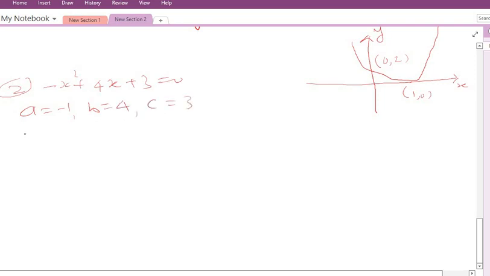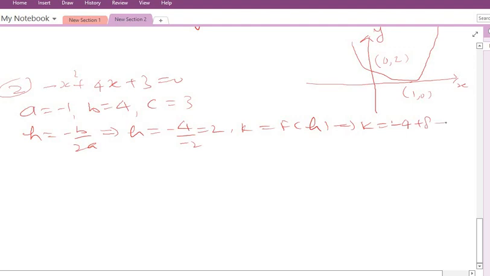So when I calculate h is equal to minus b divided by 2a, that means h equals minus 4 divided by minus 2, that means 2. And k is equal to f of h, that means minus 2 power 2, that means minus 4 plus 8 plus 3.